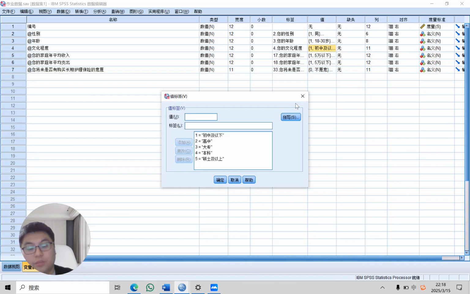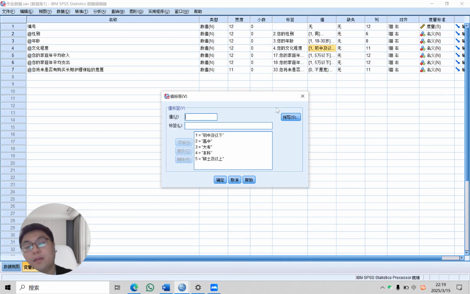The characteristic of ordered variables is that they can be sorted, but precise mathematical operations cannot be performed. It is impossible to quantify how much higher it is. We should mainly focus on frequency and percentage.